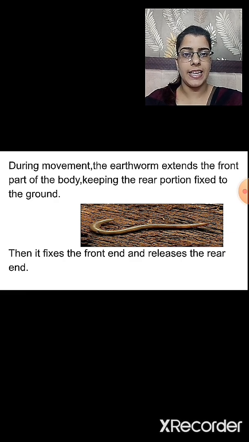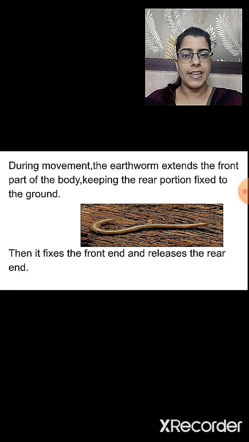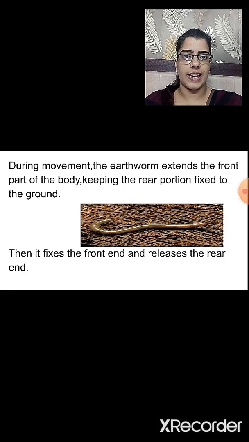You can see in the image, while walking, the earthworm extends the front part of the body, while the rear portion of the body remains fixed to the ground. Then it fixes the front end and releases the rear end.